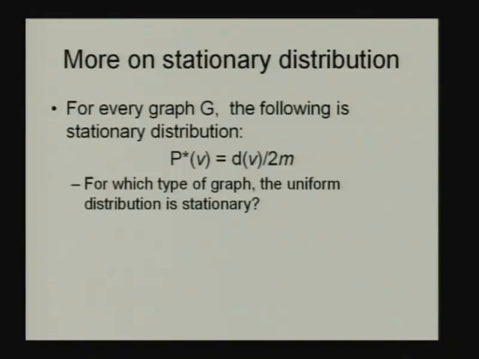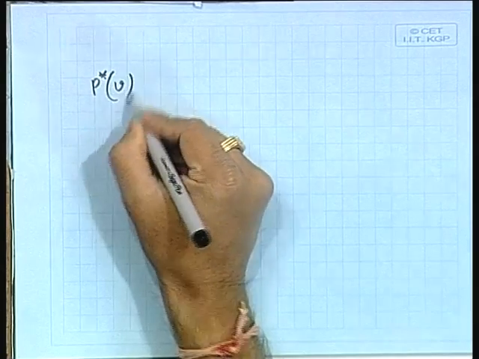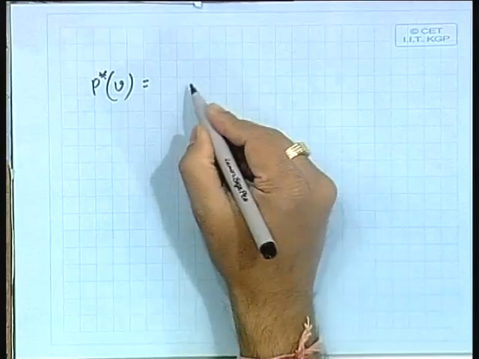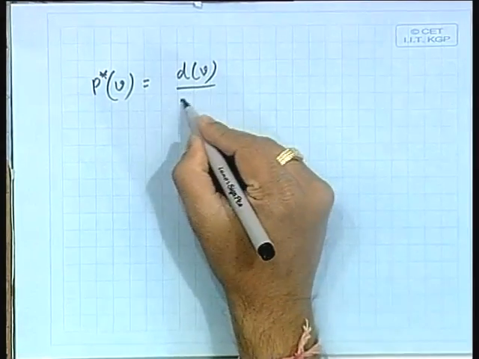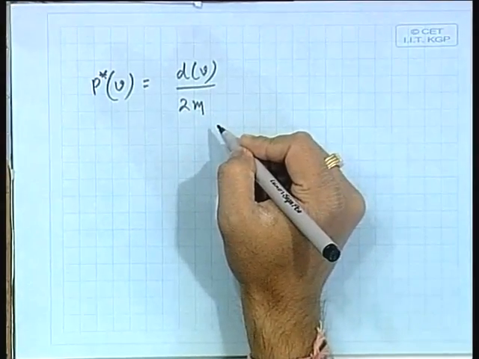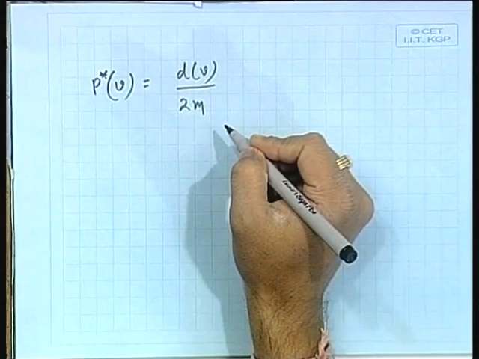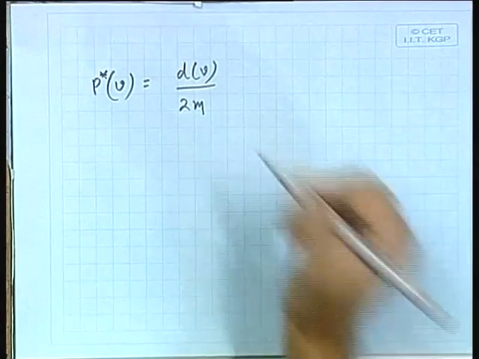So let us prove some properties about stationary distributions. The first one is again very easy to prove. For any graph, the stationary distribution P star, for any node V, P star of V is the degree of V divided by 2m, where m is the number of edges in the graph. Can you show that? Think for a while.